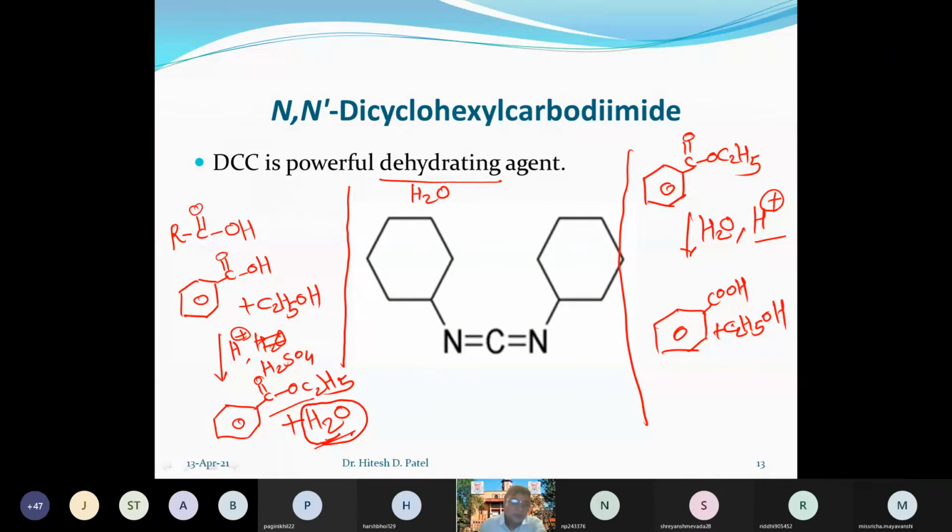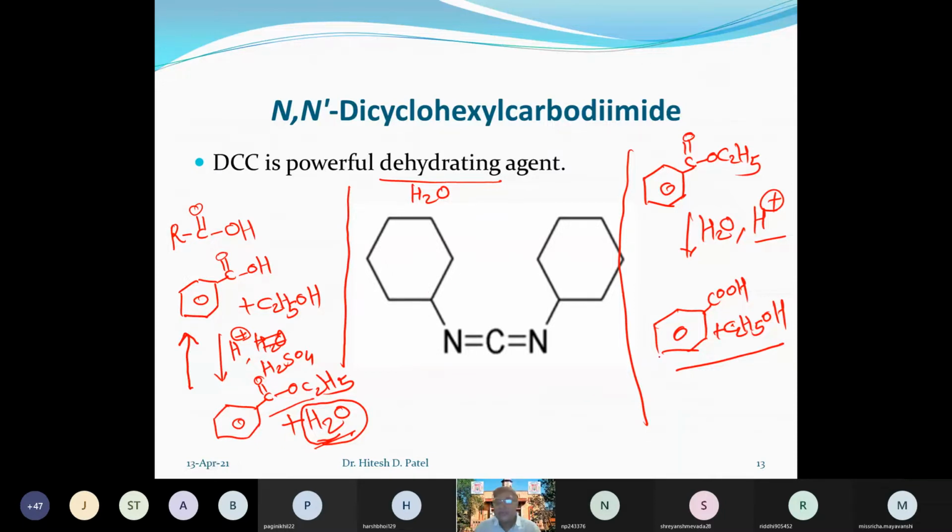Whenever water is present in a proper quantity, the reaction will be reversible. Again from the ester, it will give acid plus alcohol, meaning benzoic acid plus ethanol. This indicates that the reaction is reversible.